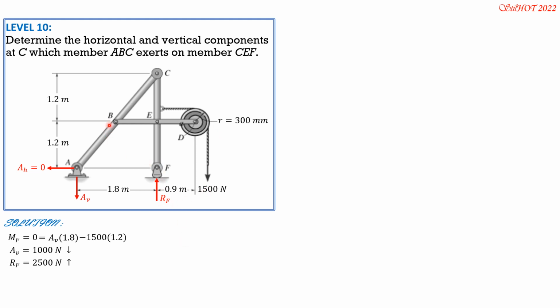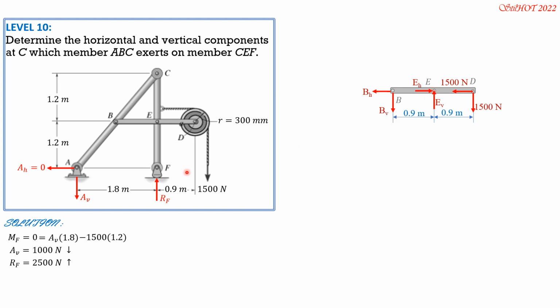Then we draw the FBD of BED. By principle, remember that if we have tension here, then we put the tensions at the center of the pulley and we remove the pulley. So this is the FBD. We need to solve for EV.